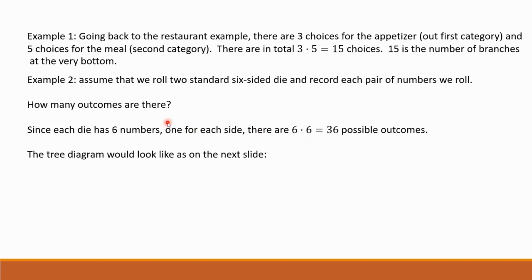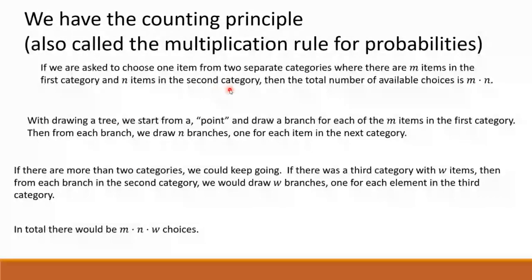Again, you could think of each category as all the numbers you can get from rolling the die. So if we were rolling the die a third time, you would have to multiply by 6 again.